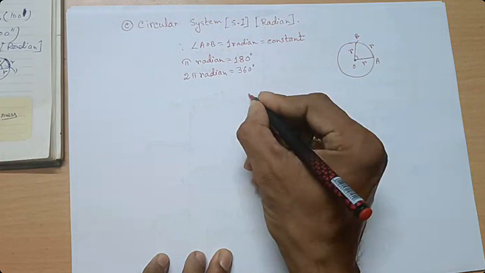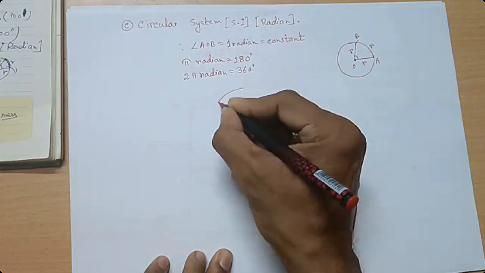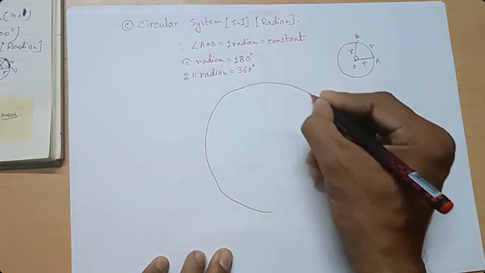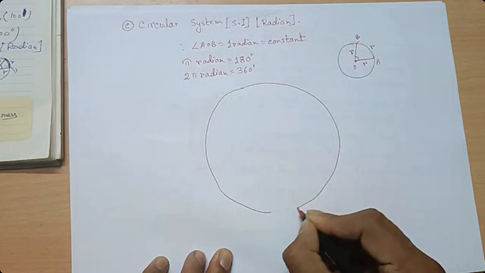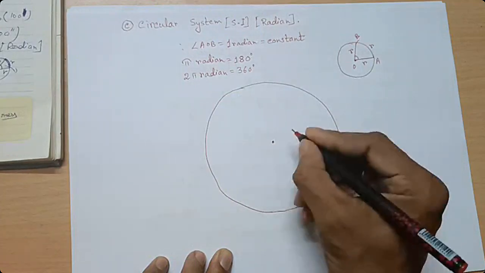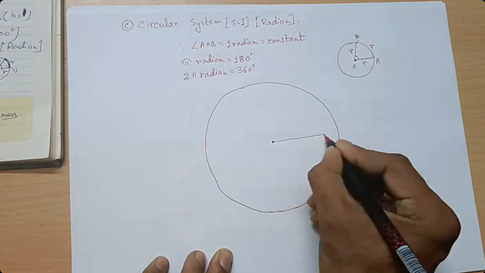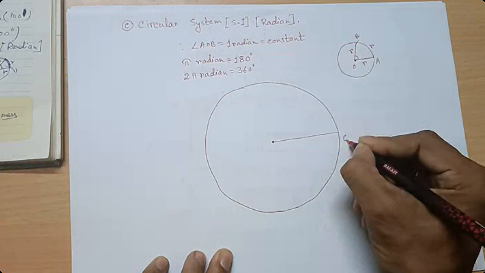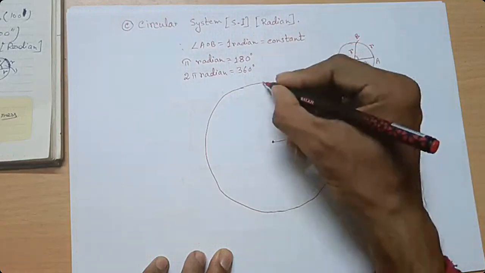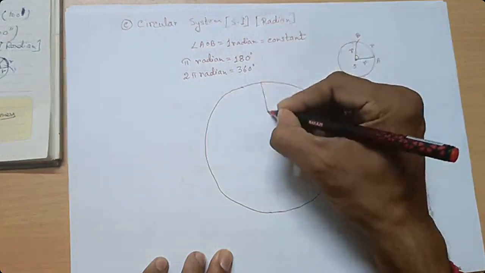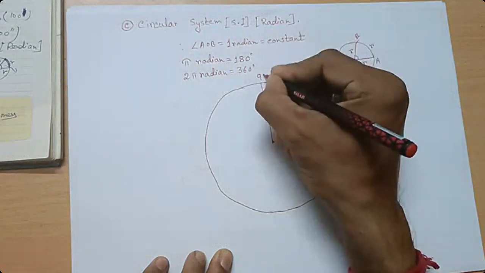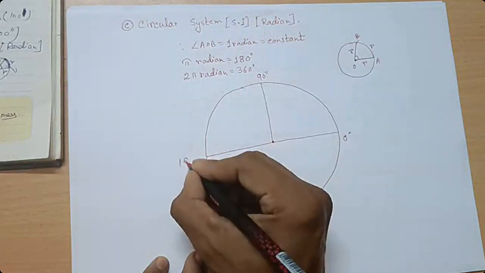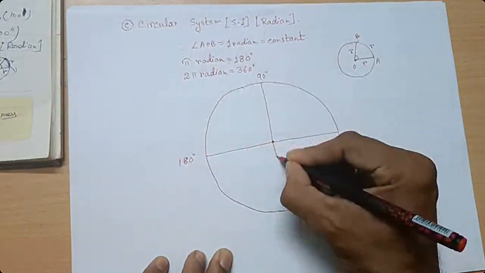Now, if we draw a circle, suppose this is the center, and we divide it into parts of 30 degrees each. Suppose this is 0 degrees, this is 90 degrees, this is 180 degrees, and this is 270 degrees.